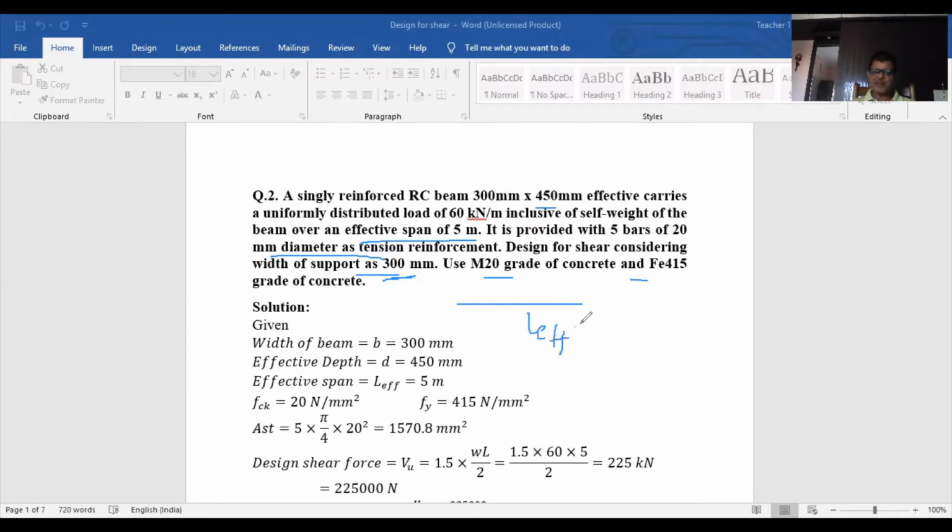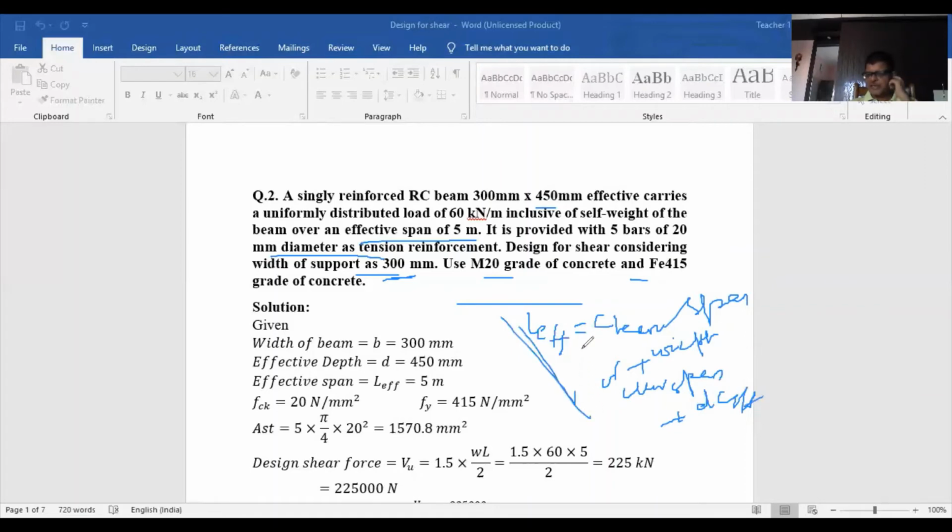You can see the effective span is equal to clear span plus width of support, center to center of support, or clear span plus d effective, whichever is less. Between these two, whichever is less, that is called the effective span.